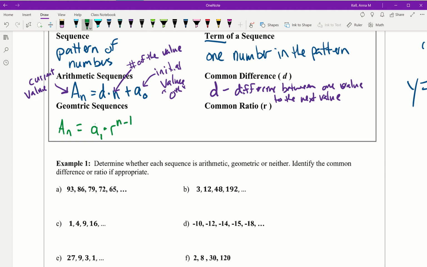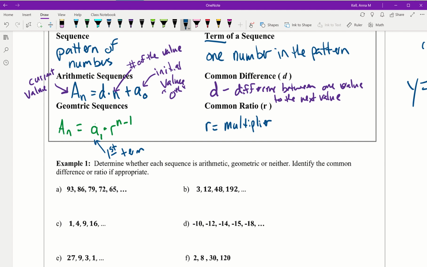Okay, so now we have a different pattern. So a1, again, is your first term. Over here, this was like your 0th term, or initial value. For a geometric sequence, a1 is your first term, and then r is your multiplier.